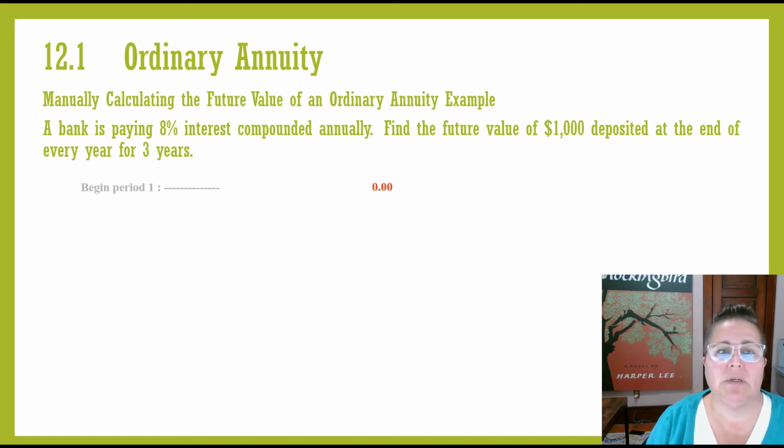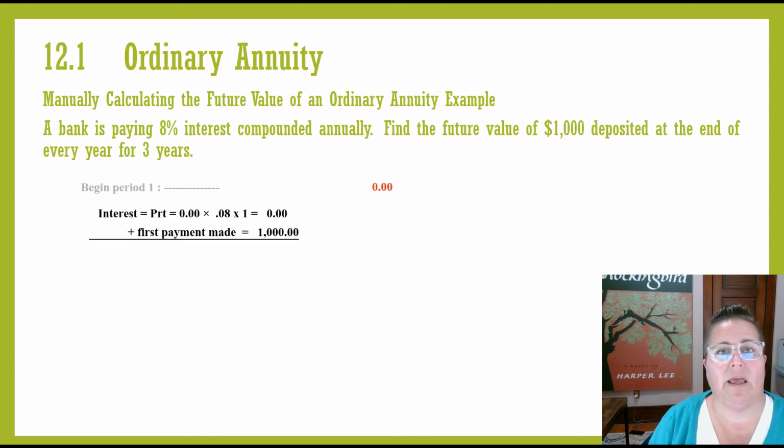Since we're only compounding annually, a whole year goes by. And during that year, since there's zero monies in the account, we have $0 at 8% interest for 1 year gives us $0. And then on December 31st, the end of the first year, we make that payment of $1,000.